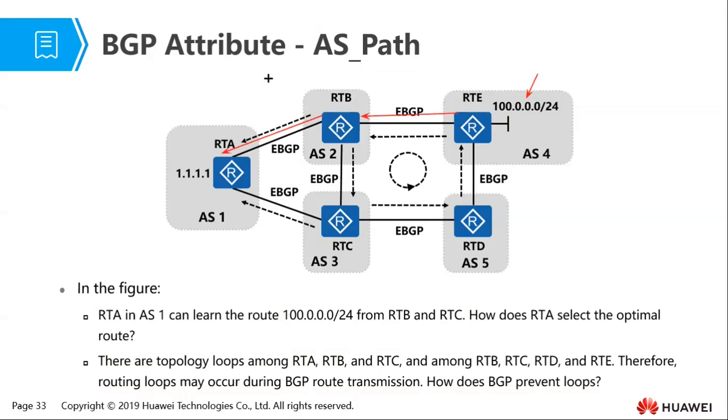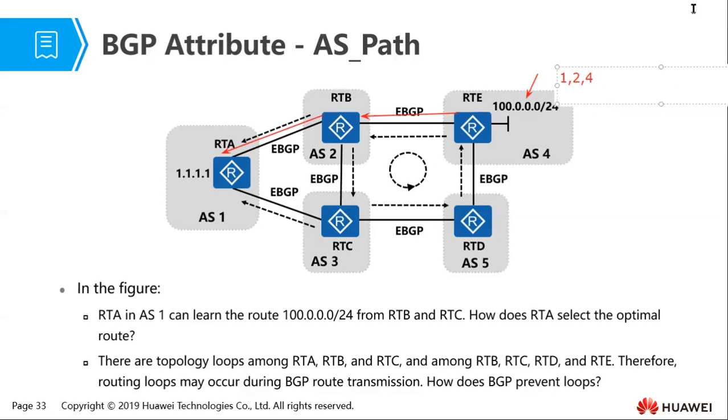Now when that happens, the autonomous system numbers are recorded in this order. So this network began from AS4. So 4, then comma, then it goes to RTB, which is in AS2, then it reaches AS1. So it came from 4 to 2 to 1.